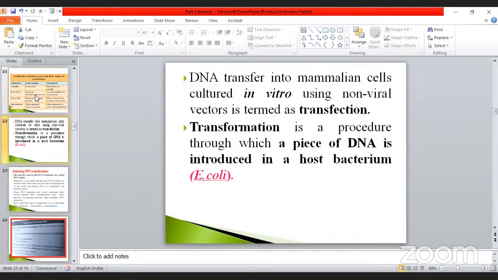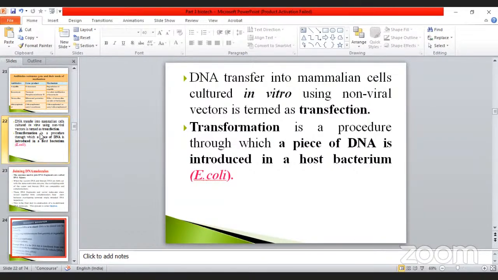Next, what is transfection? What is transformation? Transformation is nothing but a piece of gene introduced into the host bacterium. That process is called transformation. And the DNA transferred into mammalian cell culture in vitro using a non-viral vector is termed as transfection.